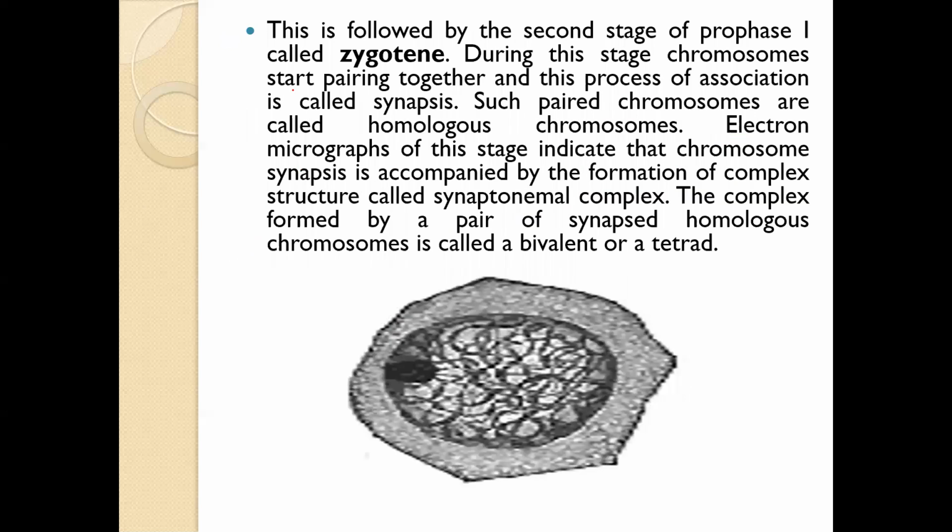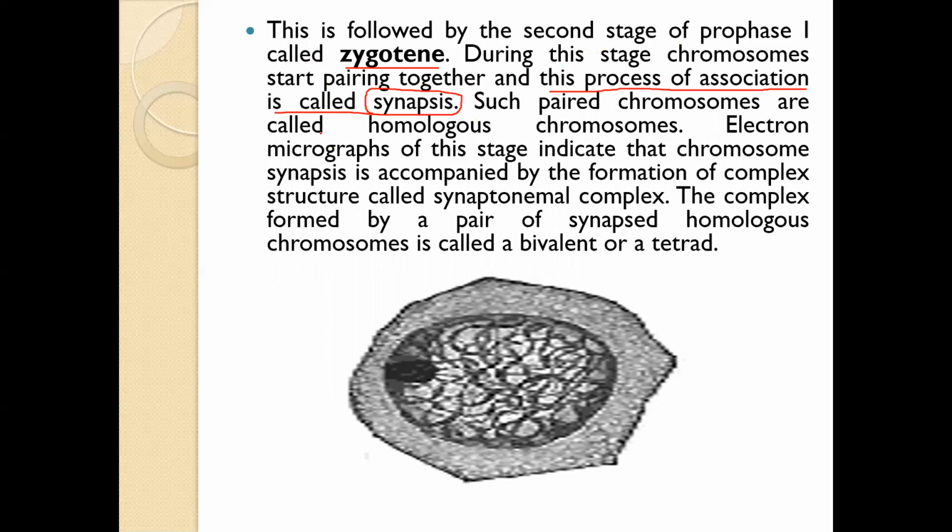Now this chromosome condensation is followed by the second stage of prophase 1, and we call it zygotene. During this stage, chromosomes start pairing together, and this process of association is called synapsis. So what is called synapsis?